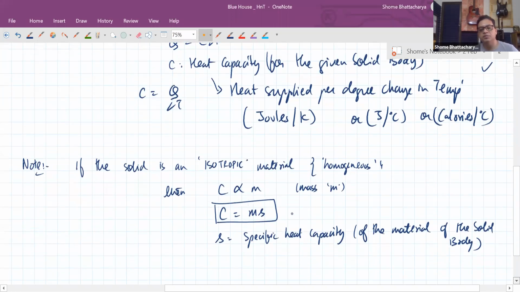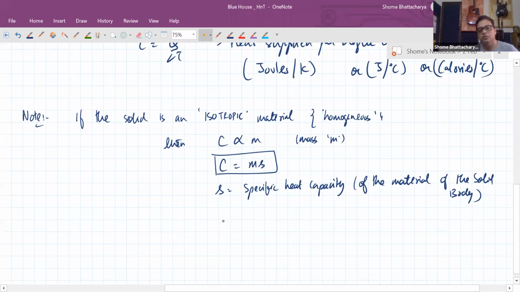Whatever homogeneous or isotropic material the solid body is made with, that material has a specific property called the specific heat capacity. So Q is equal to C delta T becomes M into S into delta T for an isotropic body or material.